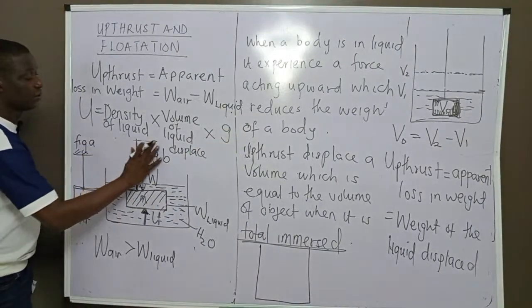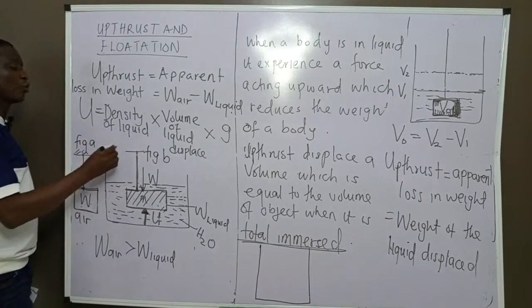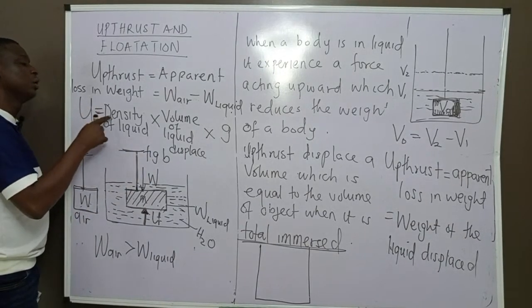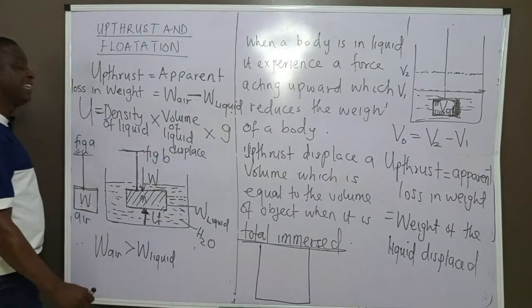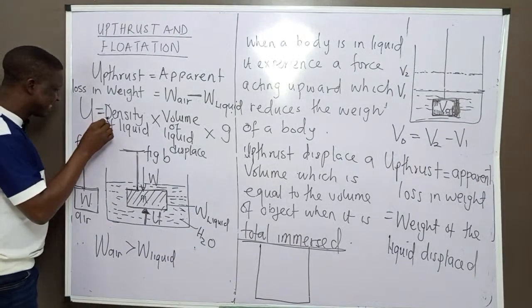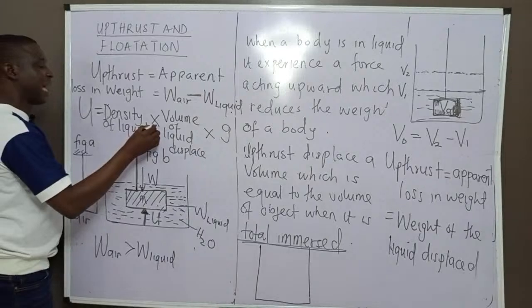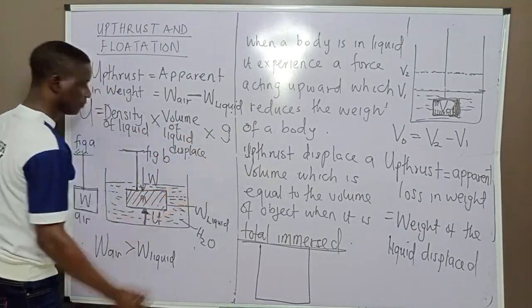So take note of this. I say that upthrust is equal to what? Weight in air minus weight in liquid. Similarly, we can say density of liquid times volume of liquid displaced times gravity.